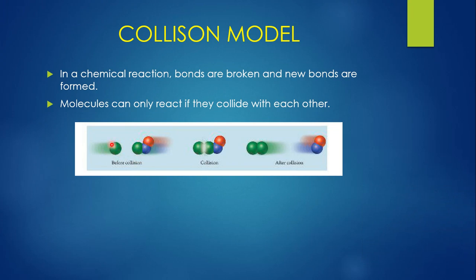So this one molecule you're seeing, this green molecule, will collide with these molecules here, and it will collide with enough energy. When it comes in contact with this, it will look like this. And as you can see, this green molecule is attaching to the green molecule, because the reactants must provide the correct orientation between the reacting molecules.